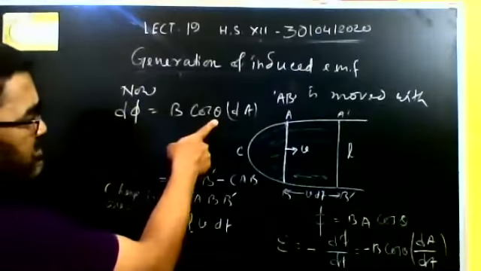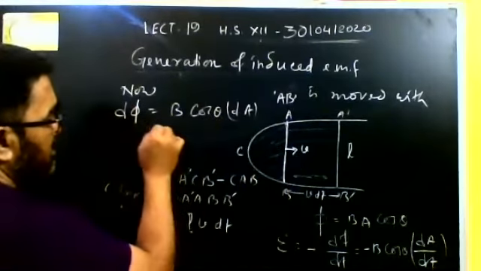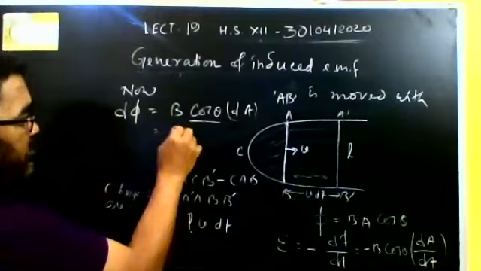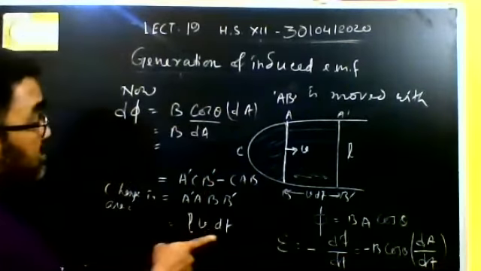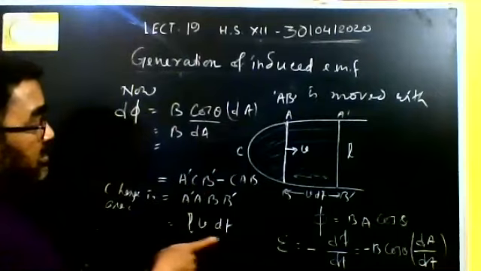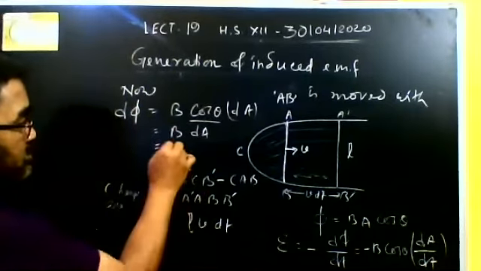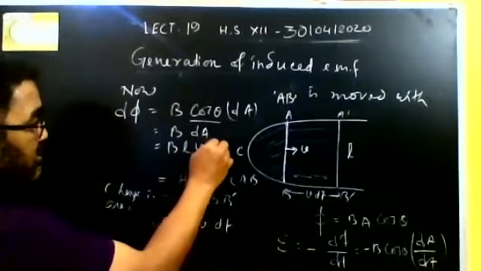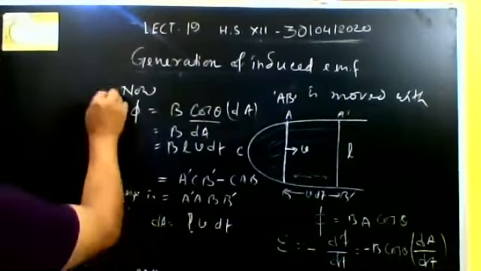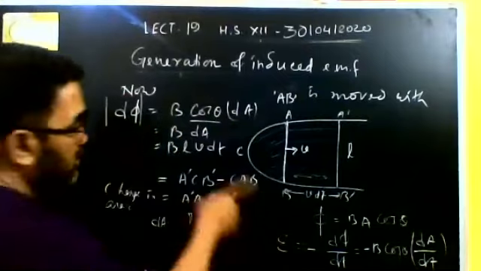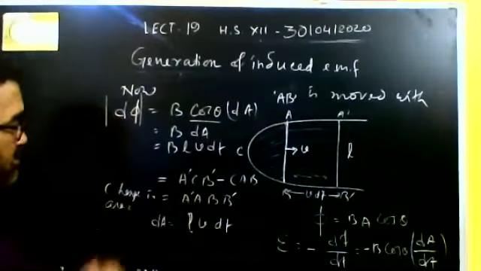Here theta is 0 degrees, so cos theta is 1. So B dA, and dA is L v dt. So B L v dt. We are taking only the magnitude, therefore the negative sign is not required here.